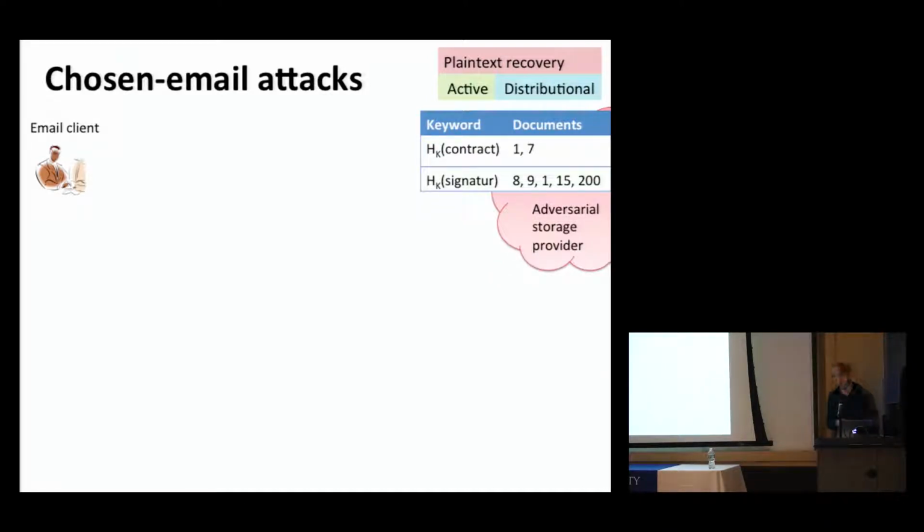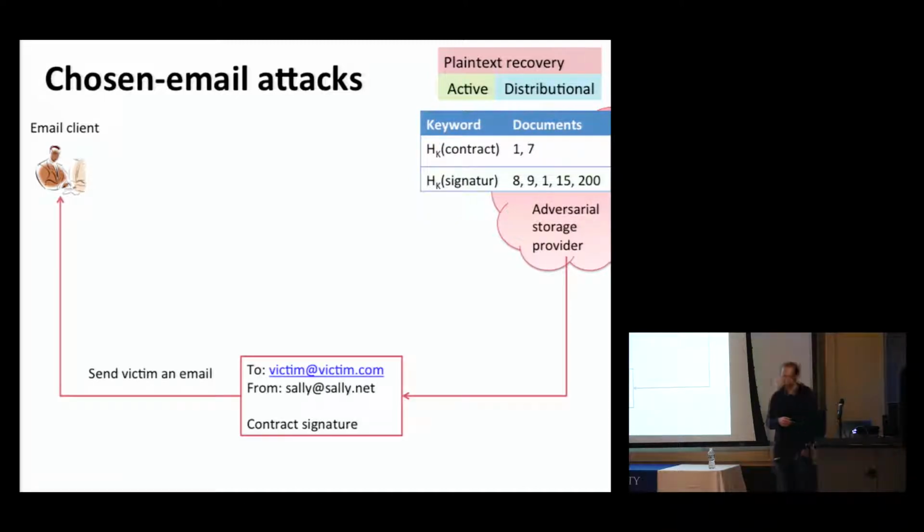So we're in this setting where we have an email client that's encrypting emails that they receive and uploading them, after doing this keyword extraction and PRFing, up to a potentially adversarial storage provider. There's a clear threat in most such settings where you can just have the adversarial storage provider arrange to have someone else, or them on some other computer, send chosen messages to the victim. Whether or not this gets indexed and encrypted is kind of an implementation detail.